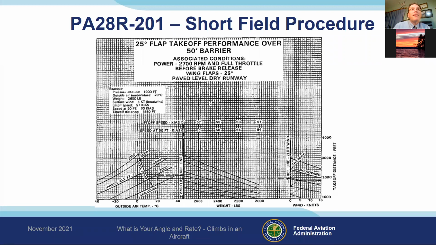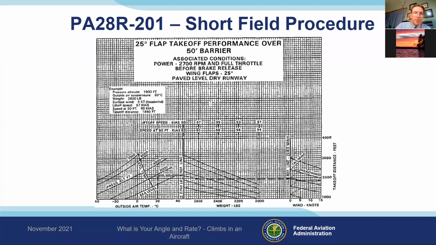And at the high end, they're saying to lift off at 59 and climb out over an obstacle at 62. And why is that? Is we're still in the initial acceleration portion of the climb when we're clearing a 50-foot obstacle. And we're going to take a look also at some of the other factors associated with it.